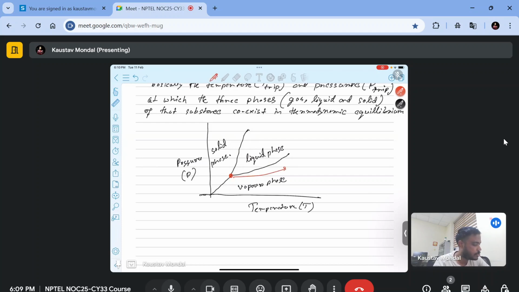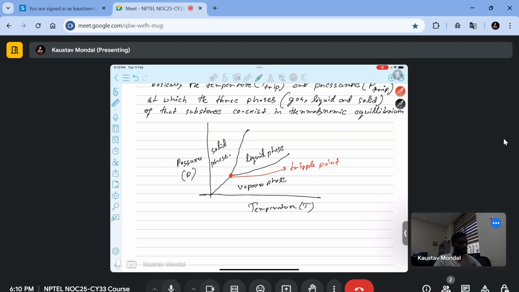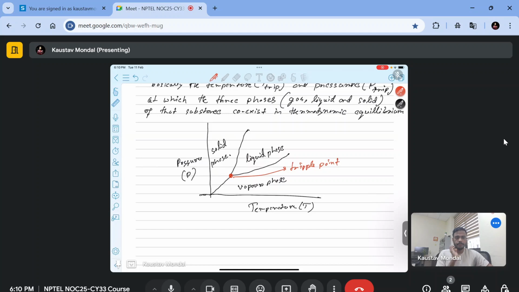This point will be called the triple point, because at this point the liquid state, the vapor state and also the solid state, all three states coexist, so that's why it's called a triple point. So this is the definition of a triple point of the state.